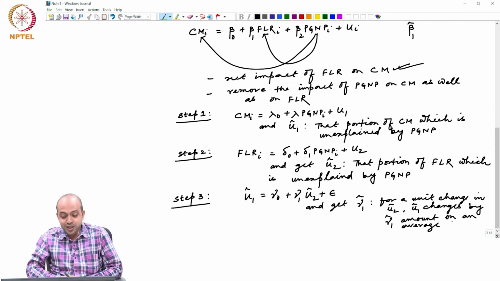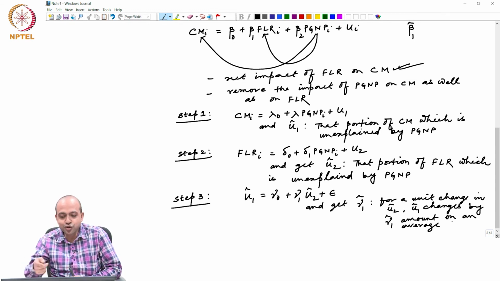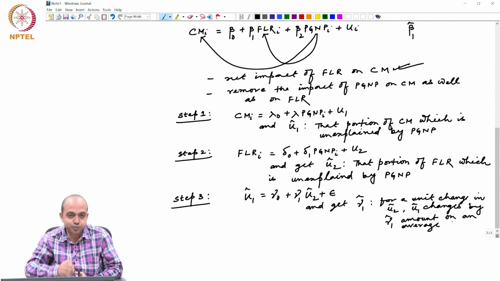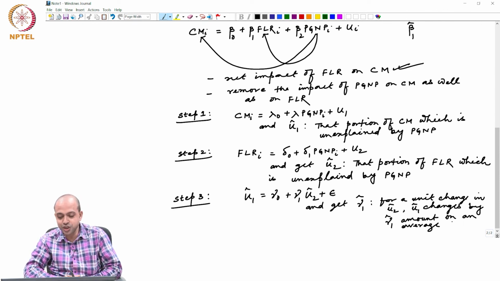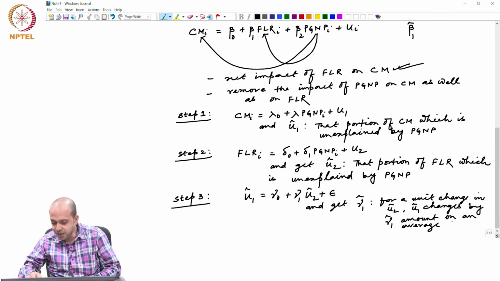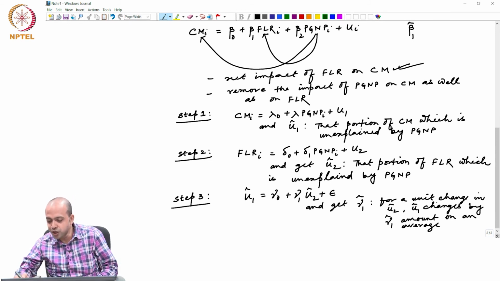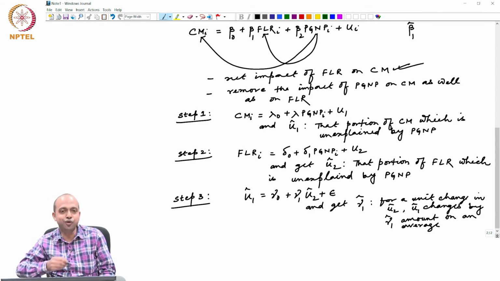But then what is U2 hat? U2 hat is basically the unexplained portion of FLR, which is free from PGNP. And what is U1 hat? U1 hat is basically the unexplained portion of CM, which is free from PGNP. So that means I can say the interpretation is, for a unit change in purified value of FLR, what is the change in purified value of CM?